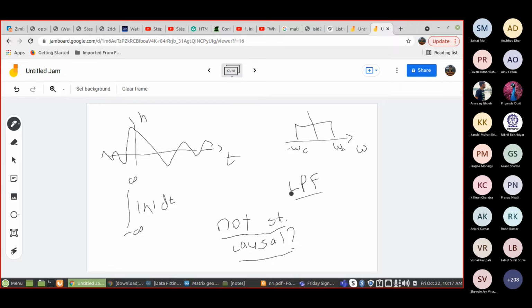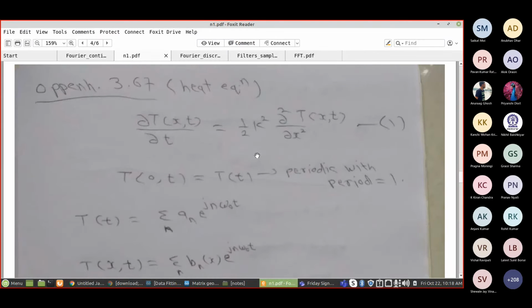Okay, so let me discuss this PDE example of the heat equation. I have put this up in one of the problem sets, so at least this example, let me discuss.